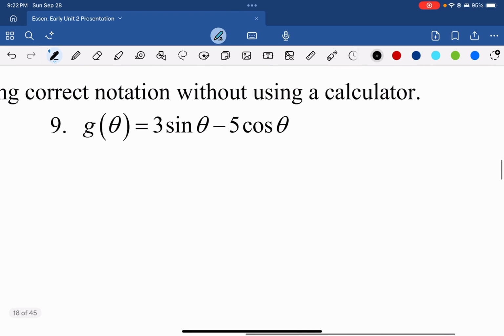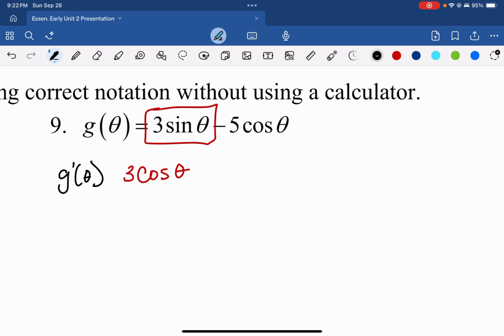Okay, number 9, g of theta equals 3 sine theta minus 5 cosine theta. So break it up again, 3 sine theta. The derivative of sine is cosine, so we're going to get 3 cosine theta. And then we have a minus 5 cosine theta, right?